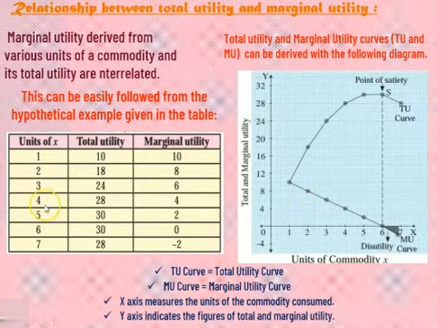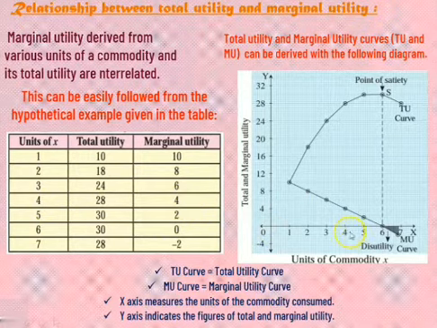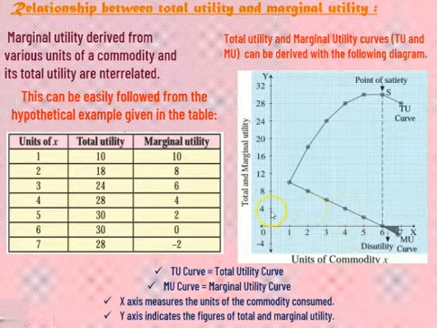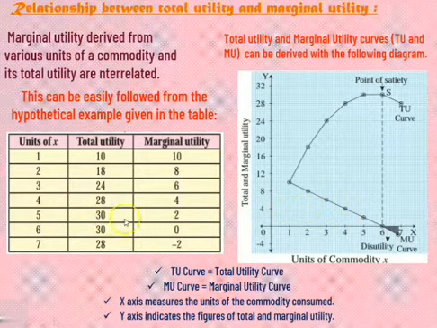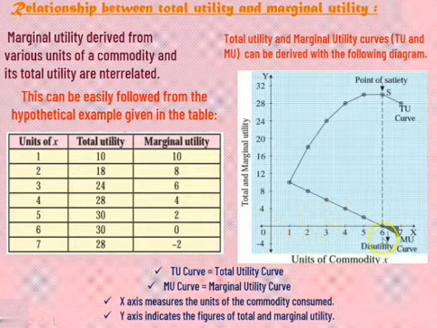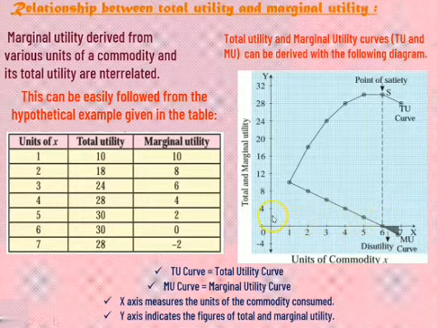Now the next, the 4th unit of pizza. Marginal utility is 4. So for the 4th unit of pizza the marginal utility is 4. See here the 4, and therefore we are going to put a dot. Now the next, the 5th unit of pizza, MU becomes what? 2. So on the consumption of the 5th unit of pizza, marginal utility comes to 2, almost over here, and we have put a dot.